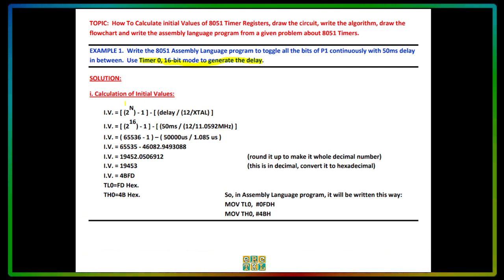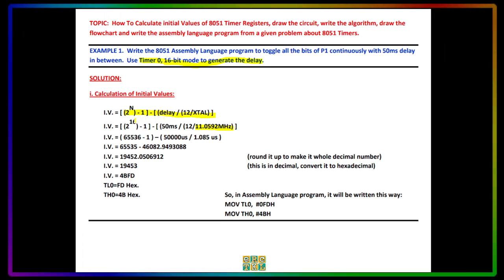Now, to calculate the initial values of TH and TL, or low byte and high byte timer registers, we have to use the formula (2 to the power of n minus 1 minus the delay that we need) divided by the quotient of 12 divided by the crystal frequency. Now, for our crystal frequency, we will be using the standard 11.0592 megahertz.